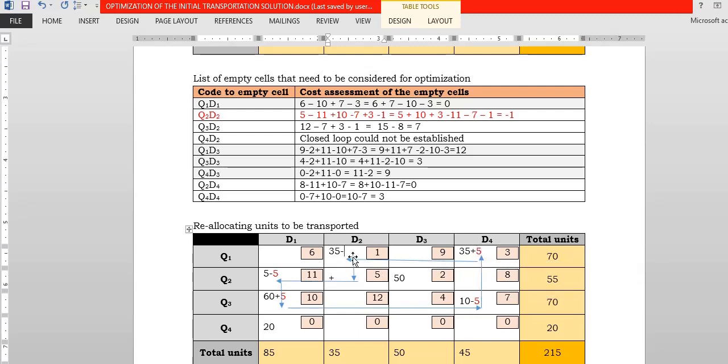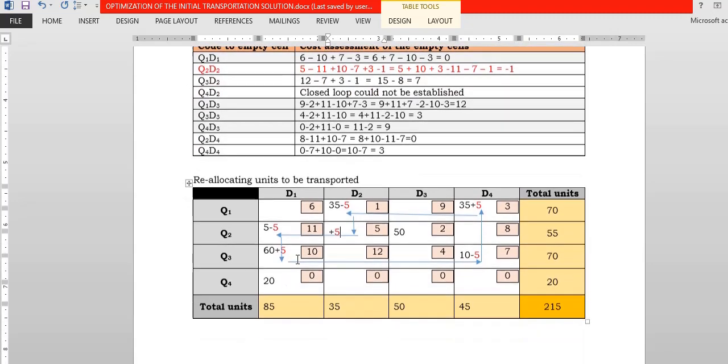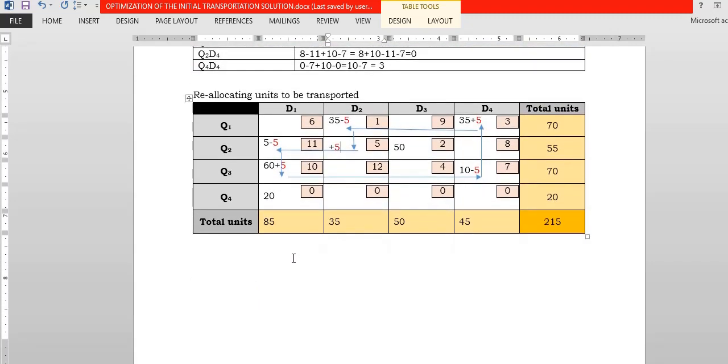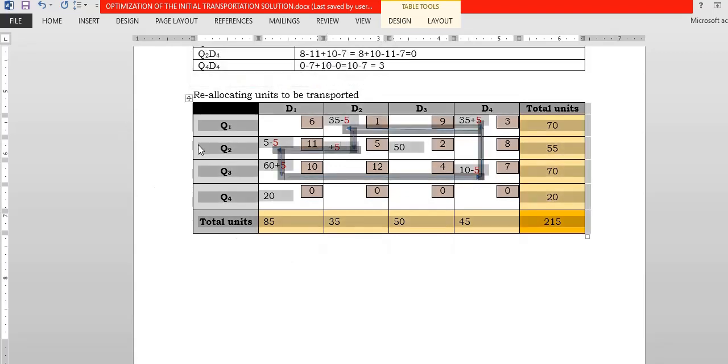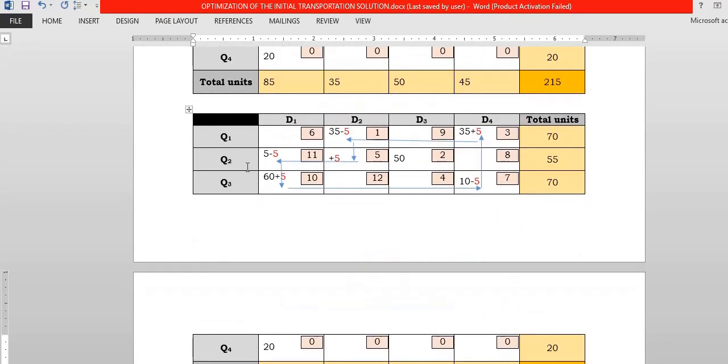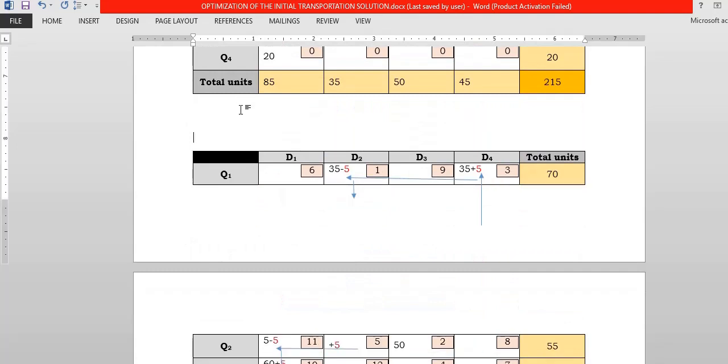Then here, we remove the 5. Then here there's a positive, we add the 5. So if I do this particular operation successfully, we shall have a new matrix as shown below. This matrix shall be repeated. Now here we shall just draw it. So I shall say a renewed matrix.